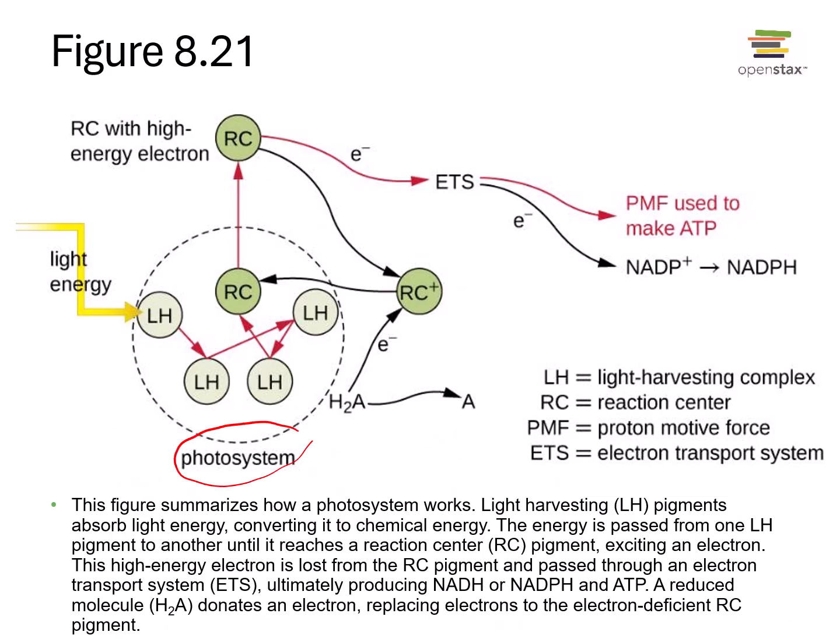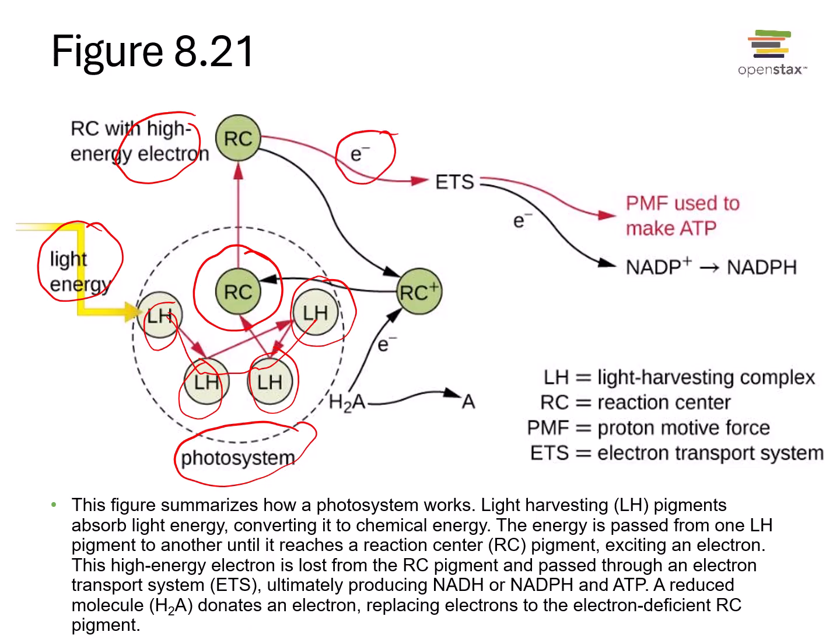So here's an example of my photosystem. I have a bunch of light harvesting complexes or pigments that will pass the energy from light from one pigment to the next until you get to the reaction center. Once the energy is passed to the reaction center, it is going to become oxidized, where it loses an electron.